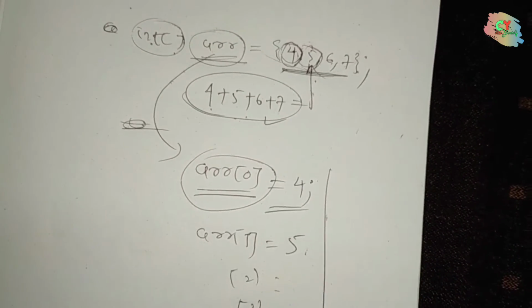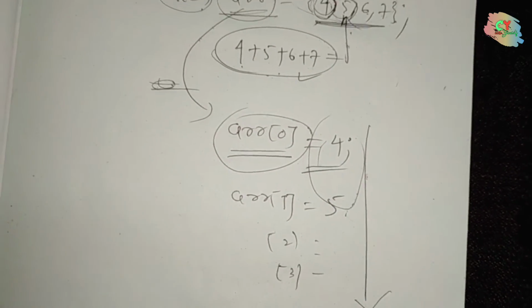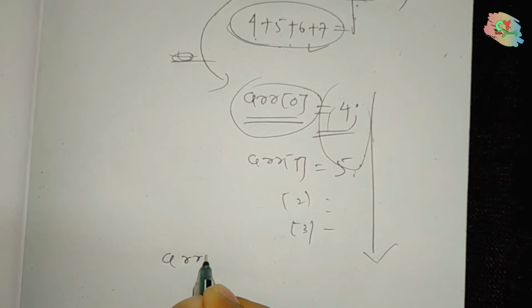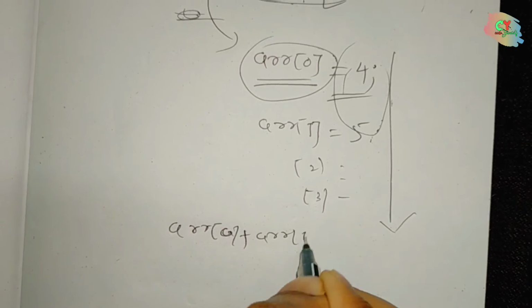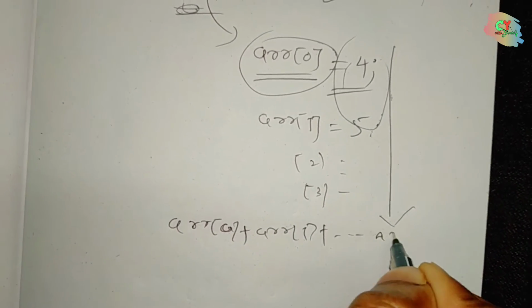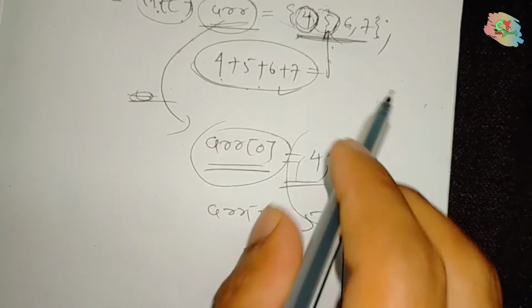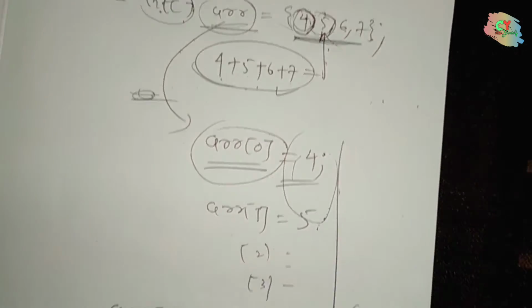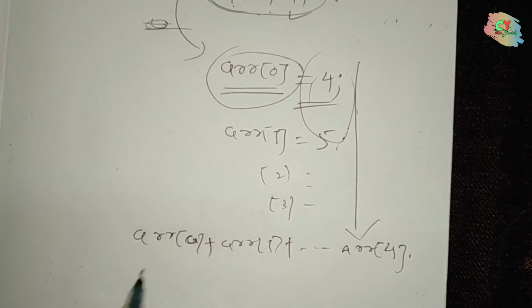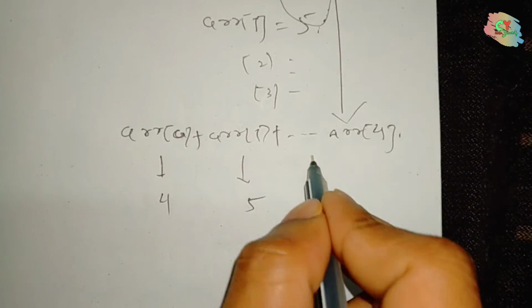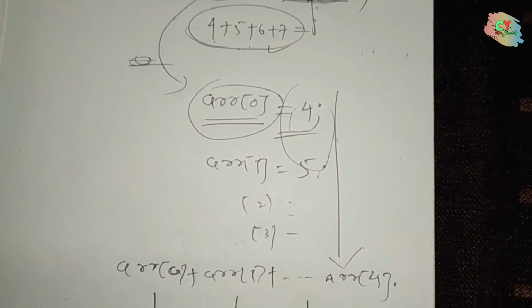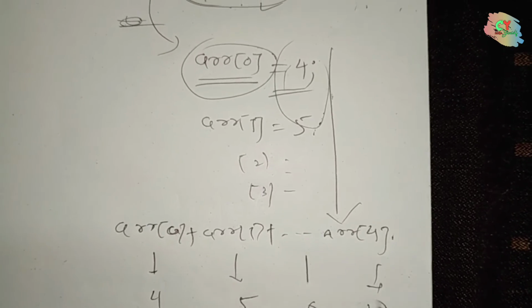Then if we want to find the sum, then we can do like this, arr of 0 plus arr of 1 plus dot dot dot arr of, here how many elements are there? 1, 2, 3, 4. So arr of 4, it will give 4, it will give 5, here it will be 6 and it will be 7.